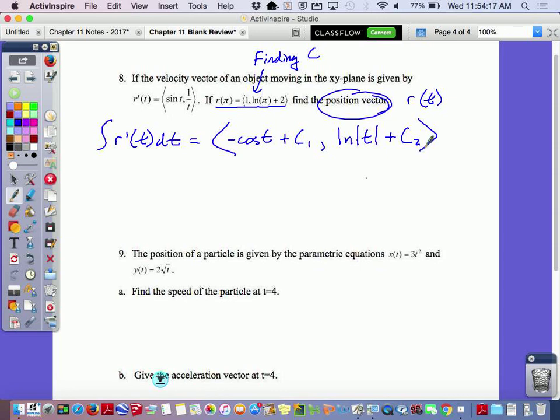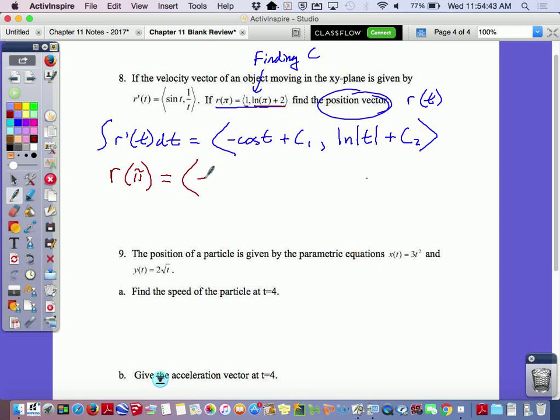This is going to allow us, now that we have this set up, we can use this point to help us solve for c. So it says that r of pi is equal to, now that means if I plug pi in for t, then the x component will be equal to 1, the y component will be equal to ln of pi plus 2.